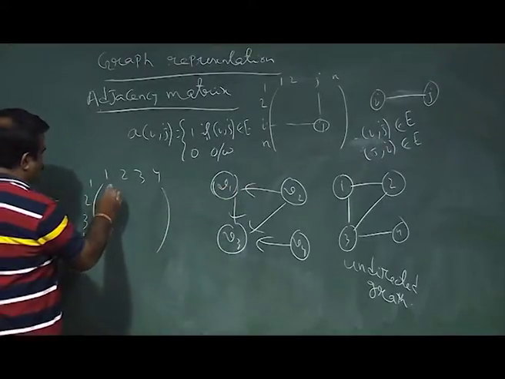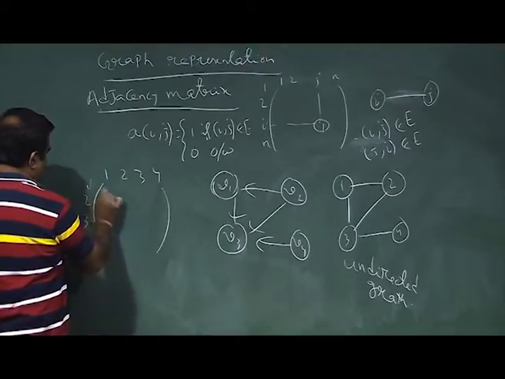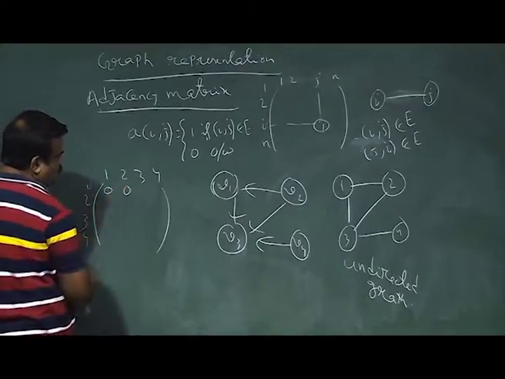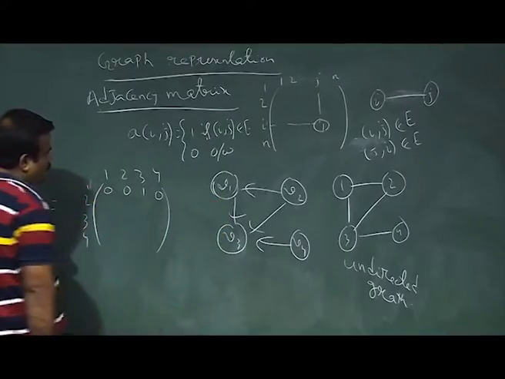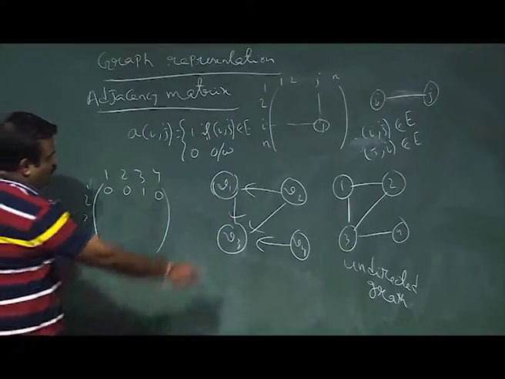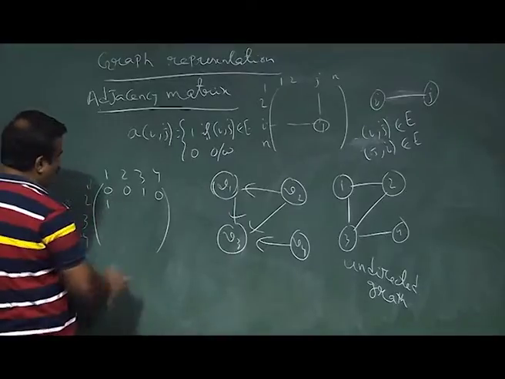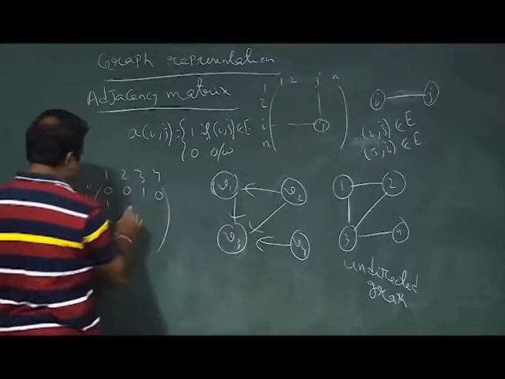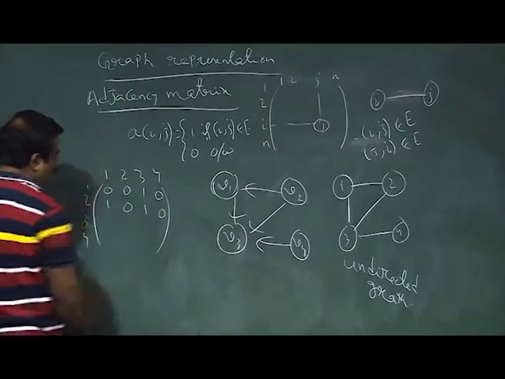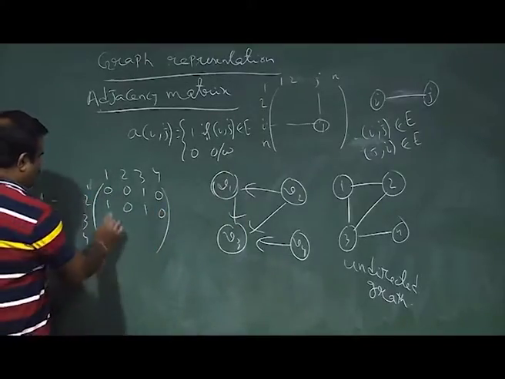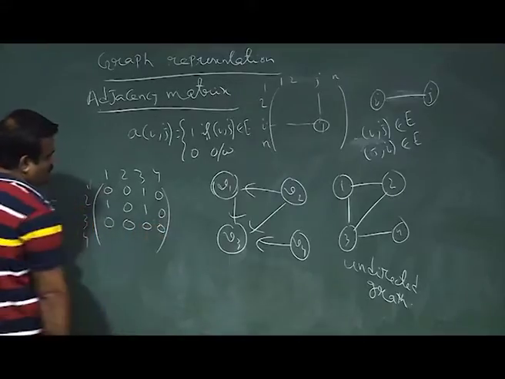There is no edge from 1, so this is 0. There is no edge from 2, 0. There is only one edge from 3, 0. And from 2 we have an edge to 1, there is no self edge. So this is 0, and this is 1, there is no edge to 4. From 3 there is no edge to any other vertices.